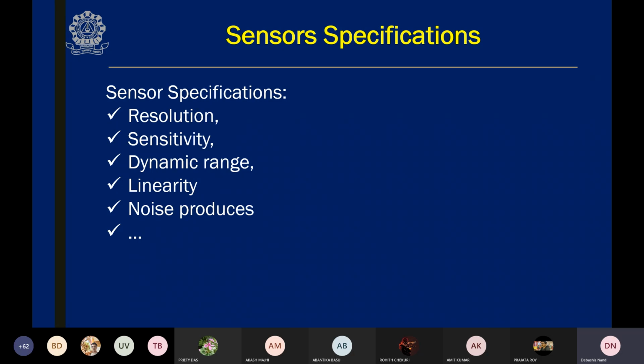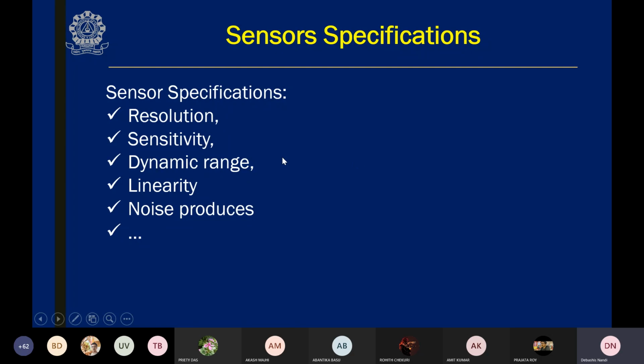So you cannot increase the number of array elements unlimitedly. You will see that after a certain range, if you want to increase the number of elements within a given area, then a particular type of noise is increasing at the output. Whenever you are capturing the image, then a particular noise is coming. That is called shot noise. So how much noise your sensor can tolerate or can produce should be also another factor that should be mentioned in the specification.